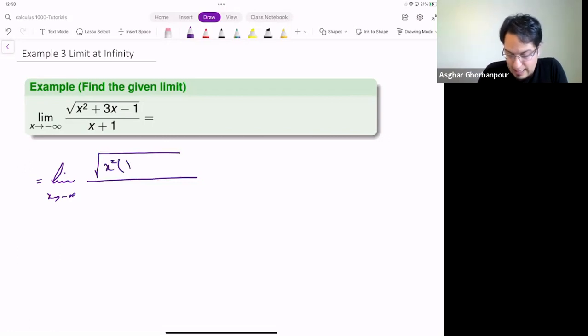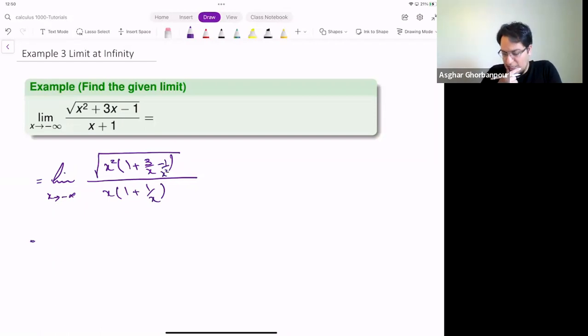So I'm factoring that. The highest power is this, yes. And x times 1 plus 1 over x. Now, oh, there's x squared there. Yes, I factored out x squared.